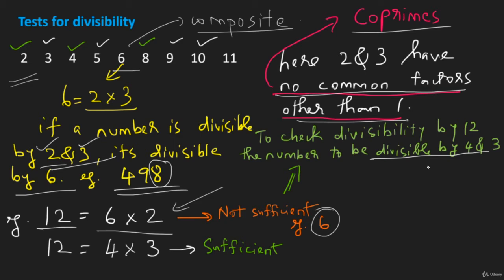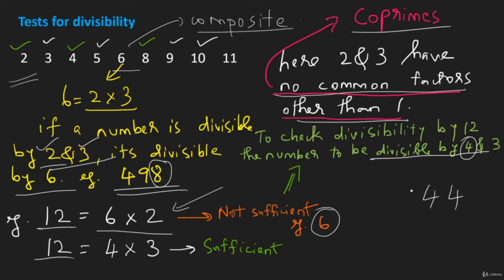Let's, for example, construct a number that will be divisible by 12. I know for divisibility by 4, the last two digits have to be divisible by 4. So let me keep it as 44. I know that 44 is divisible by 4, right? Now, if I want a number to be divisible by 3, the sum of the digits has to be divisible by 3. Over here, I have 4 plus 4, that's 8.